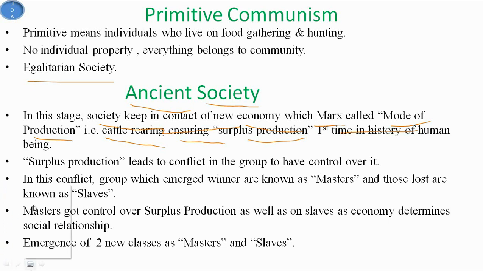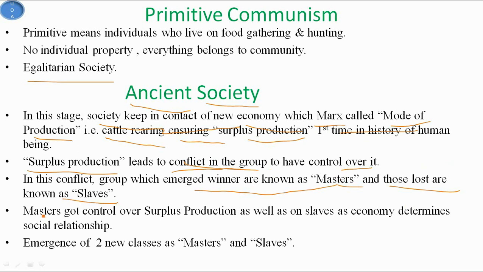So surplus production leads to conflict in the group to have control over it, as surplus production leads to more production, making more products beyond our fulfillment. In this conflict, the group which emerged as winner are known as masters, and those who lost are known as slaves.